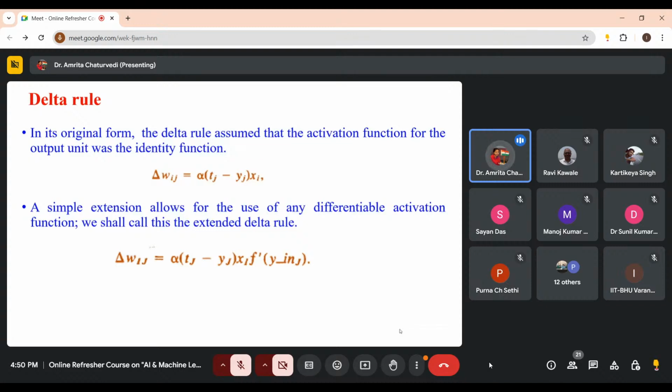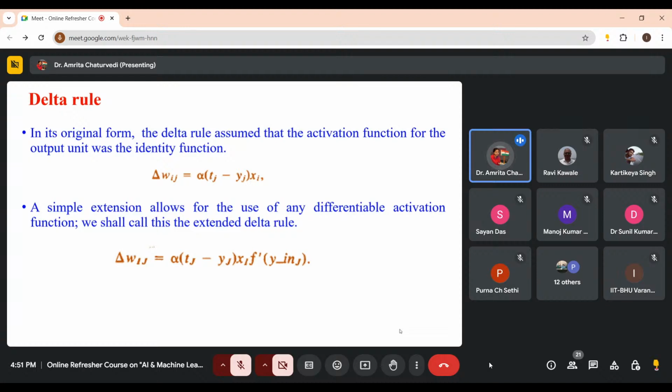In its original form, the delta rule assumed that the activation function for the output unit was the identity function. So delta Wij is equal to alpha into (Tj minus Yj) into Xi, and a simple extension allows for the use of any differentiable activation function. We just call this the extended delta rule.